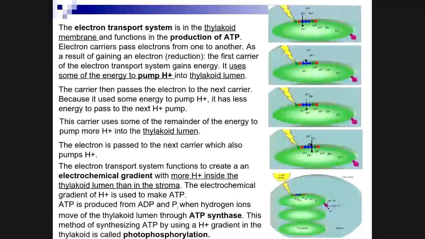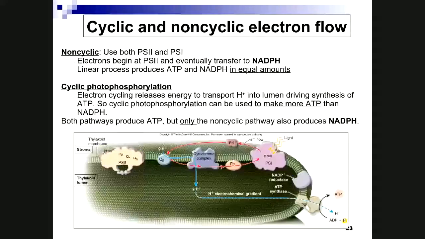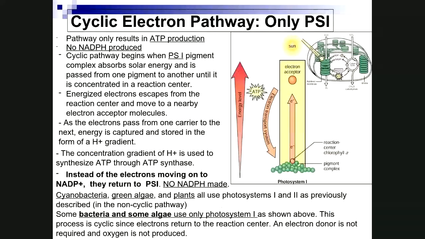There we go. So this is photosystem 1. Normally, electrons are excited and moved on to this enzyme, and they are received by NADP+. But in the cyclic pathway, they're just going to go back again. So in a cyclic cycle, we do not move the electrons to NADP+, and therefore no NADPH is made.